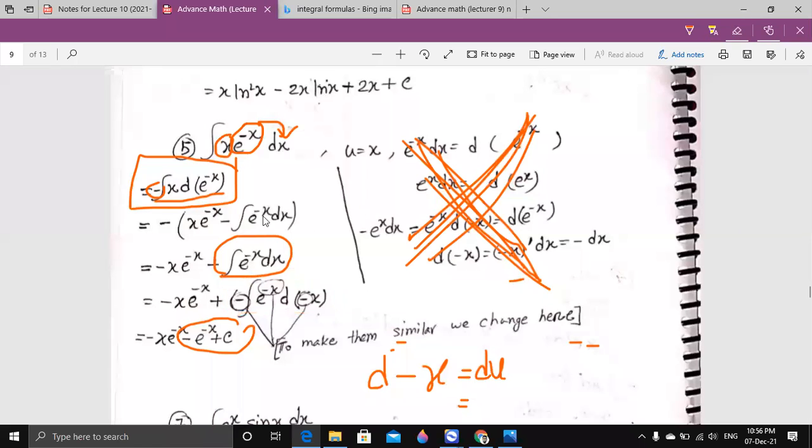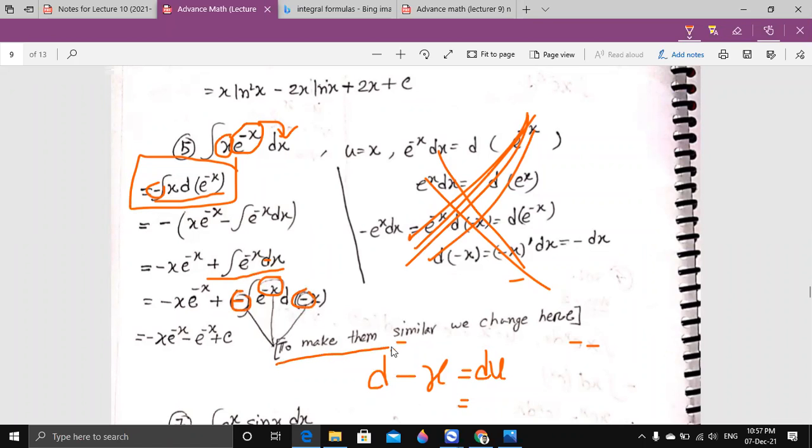And now let's talk about how to calculate this. Let's implement some tricks to find it more quickly. So we have the integration of e to the power minus x dx. We can multiply a minus here, and also a minus here.